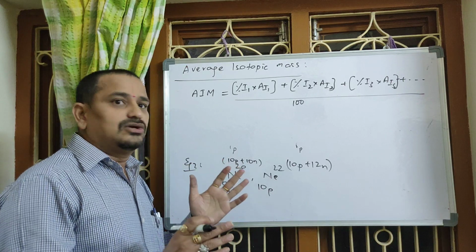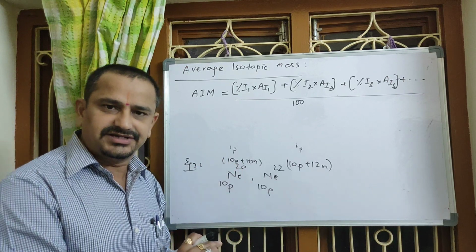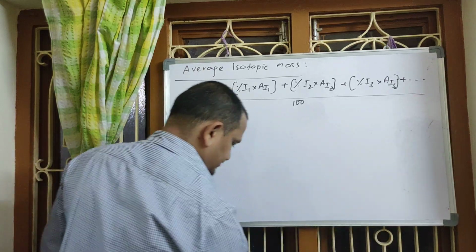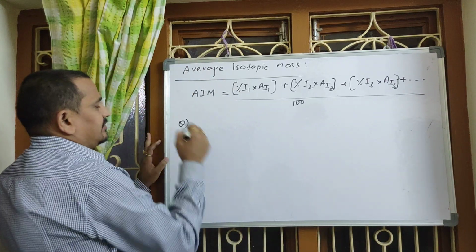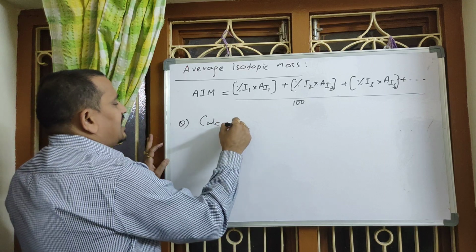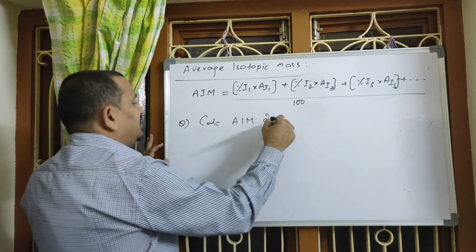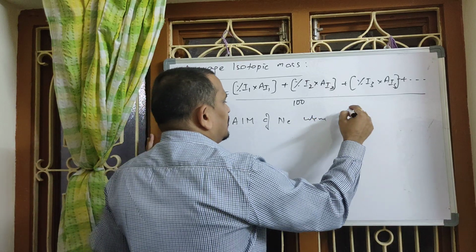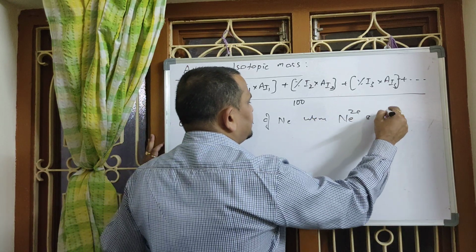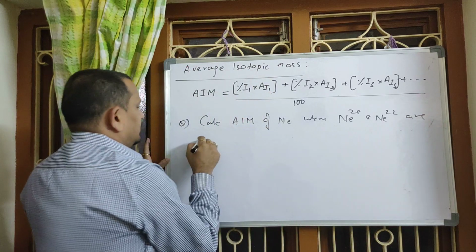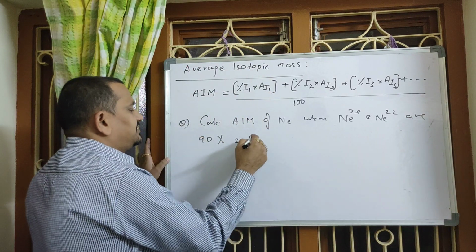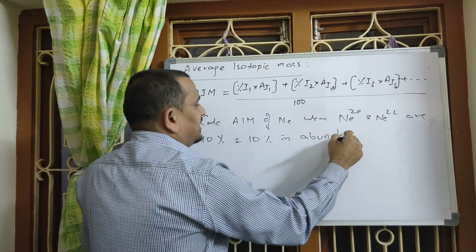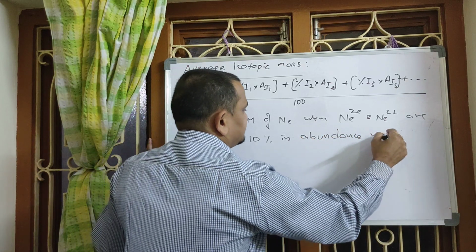Now, let us solve a small numerical on this. Calculate the average isotopic mass of neon, where neon 20 and neon 22 are 90% and 10% in abundance respectively.